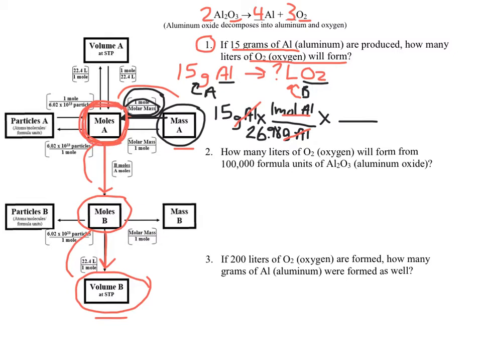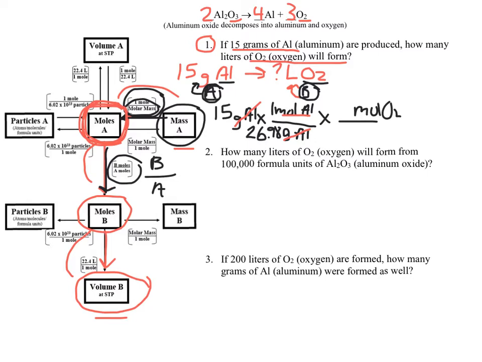I need to carry on, which means I need to go from moles of A to moles of B. Now this is something we've been working on newer, but notice it says B moles over A moles. And this is where I labeled my aluminum A and my oxygen B. So B goes on top. So since B is oxygen, I'm going to put moles of O2 on top.